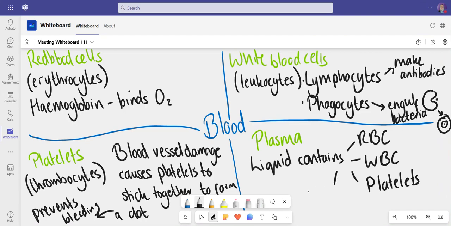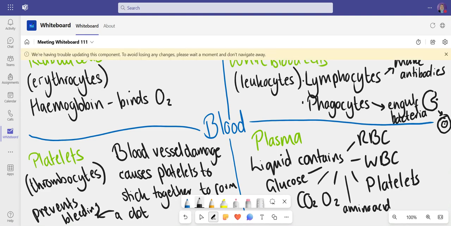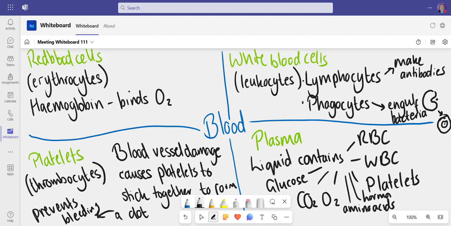So it contains dissolved oxygen, dissolved carbon dioxide, glucose, amino acids, and hormones.